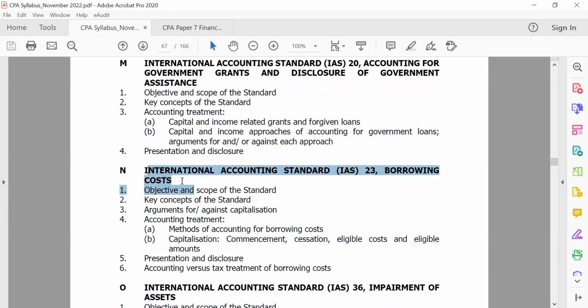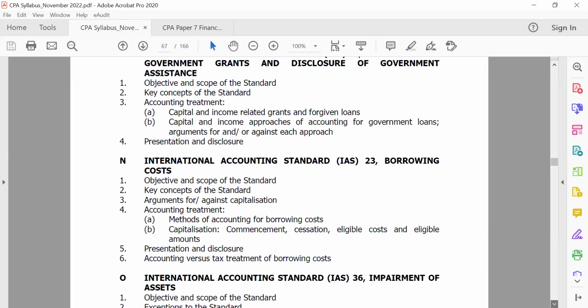Here we're trying to look at the objective and scope of the standard, the key concepts of the standard, arguments for and against capitalization of borrowings, and then how do we treat borrowing costs? What is also the scope of the borrowing costs? And then not forgetting the presentation and disclosure and the accounting versus the tax treatment of borrowing costs.